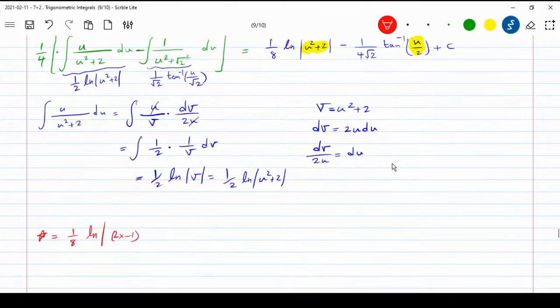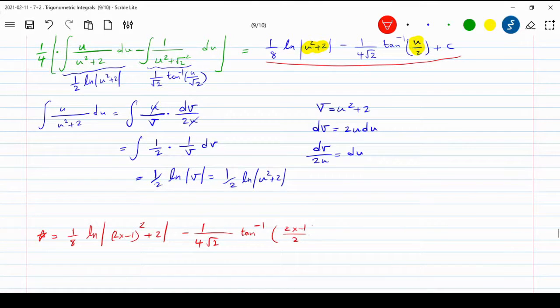I'm replacing it into this equation because we found the integral. Squared plus 2 minus 1 over 4 square root of 2 tan inverse of 2x minus 1 over square root of 2 plus some constant.